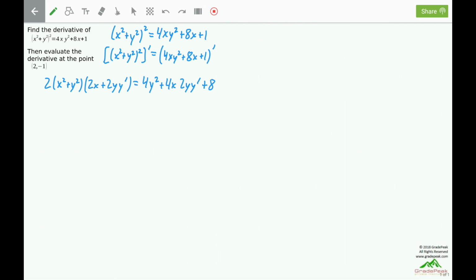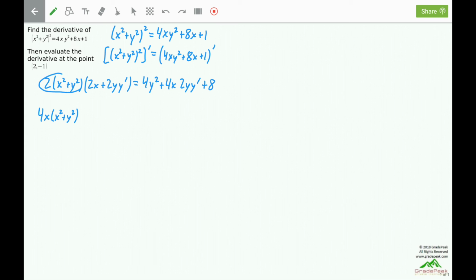We want to isolate the y prime terms. We actually have 2 of them. We have one of them here, but to isolate that, we need to distribute this in first. And then we have that y prime term there. So the first thing we need to do is distribute this into here. So 2, all of this, times all of this. 2 times 2 is a 4. We have an x, and we have an x squared plus y squared to the first power.